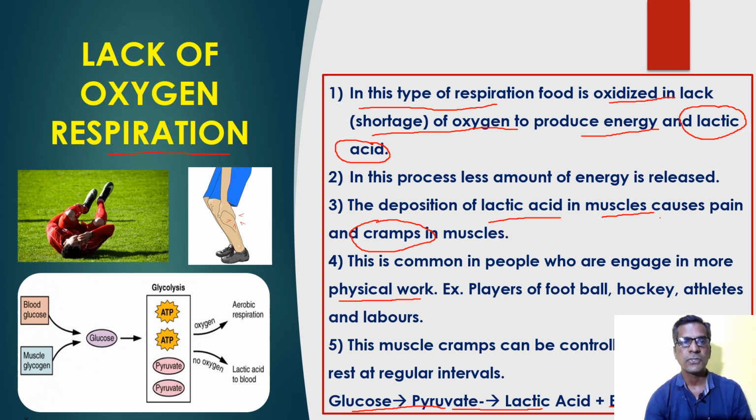In this image, we can notice the cramp causing the pain. The glucose first converts into the pyruvate molecule, liberating some energy. Then this pyruvate molecule, in the absence of oxygen, produces lactic acid. This lactic acid causes the muscle cramps.